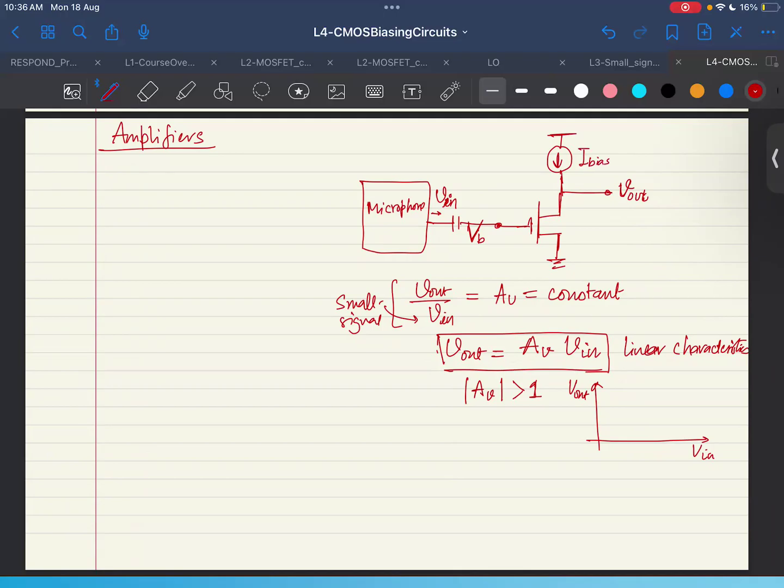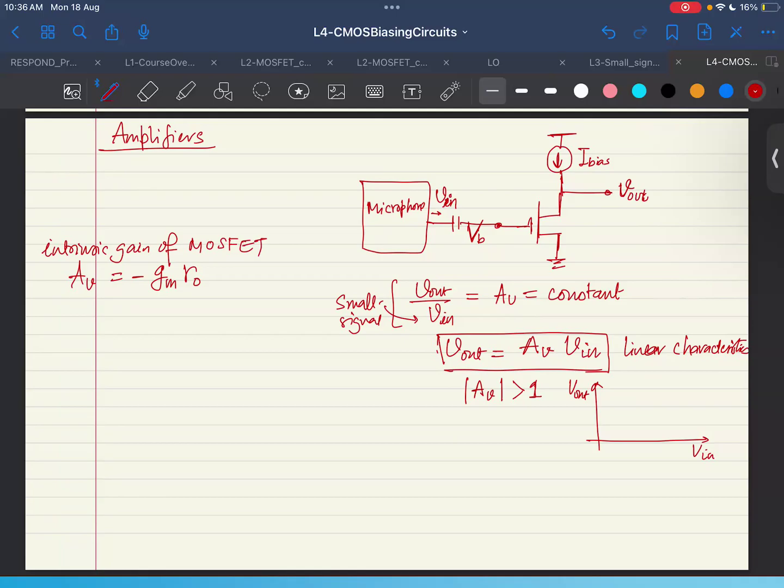This would give you, and if you were to recalculate for this circuit, your gain would come out to be minus gm ro. And this is the intrinsic gain of a MOSFET, when we are having a current source as a load.